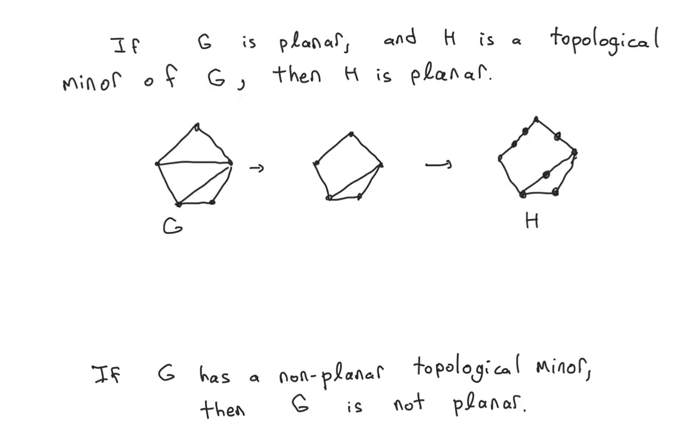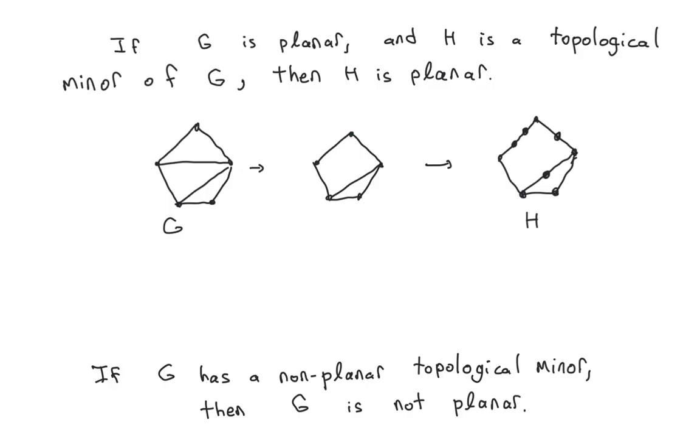So one thing that connects this notion to planarity is the following. If you have a planar graph, then any topological minor of that planar graph must also be planar. So for instance, suppose this was my graph G, and H here is my topological minor, so this means it's a subdivision of a subgraph of G. Notice that the subgraph of G has to also be planar, and subdividing edges doesn't change planarity because we're putting the new vertices where the original drawing of the edge was.